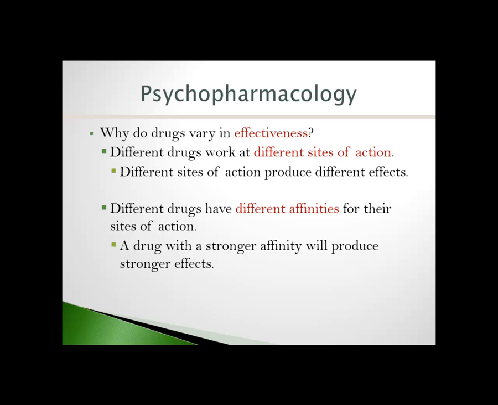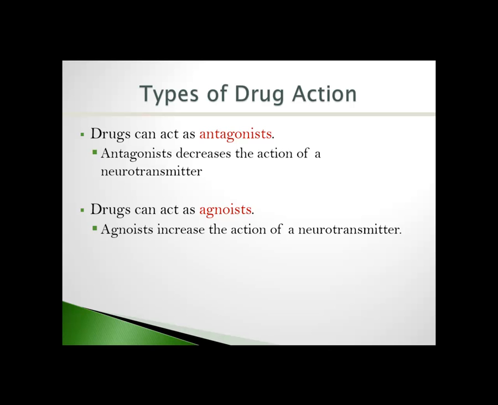Drugs also have different affinities for their sites of action, so they might produce more of their effect on the neurotransmitter system that they have an affinity for, and that will also make a difference in how effective a drug is, or how addictive a drug is, depending on the type of drug you're talking about.